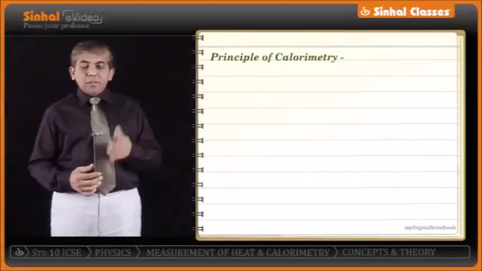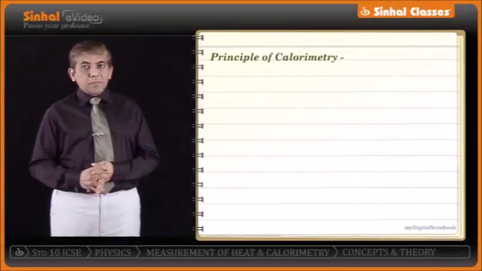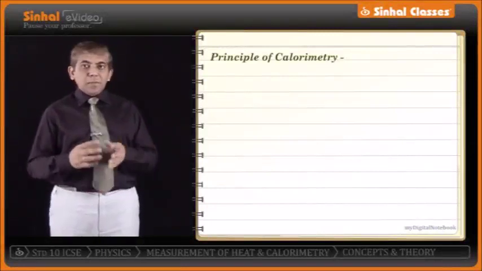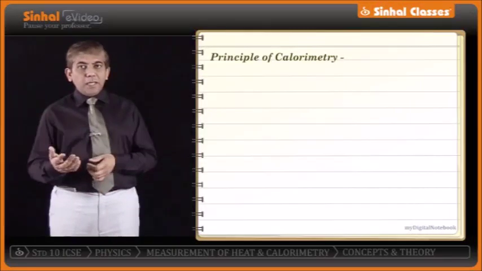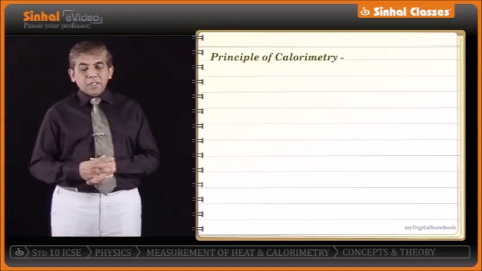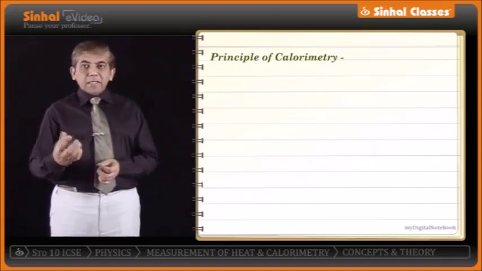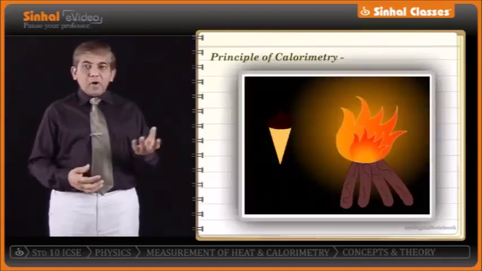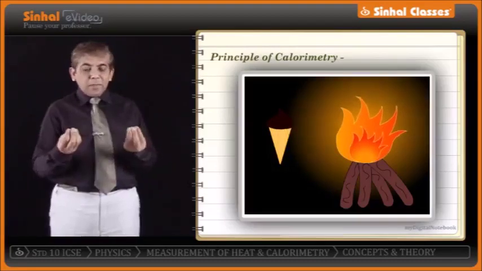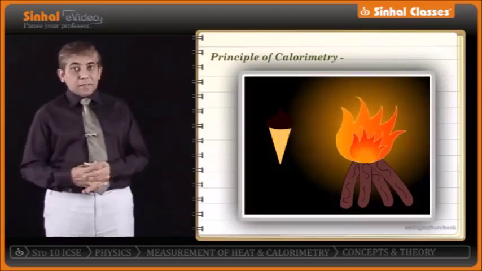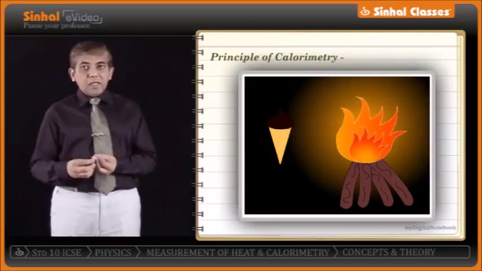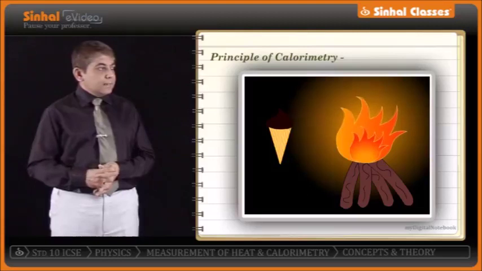Then coming down to the concept of the principle of calorimetry. To understand this concept, we keep two bodies, one hot body and one cold body, in the vicinity of each other. Say, for example, I have ice cream and here I have a hot substance, maybe like a burning flame. When I keep these two bodies in thermal contact, remember the word thermal contact, it is physical contact of the two substances.